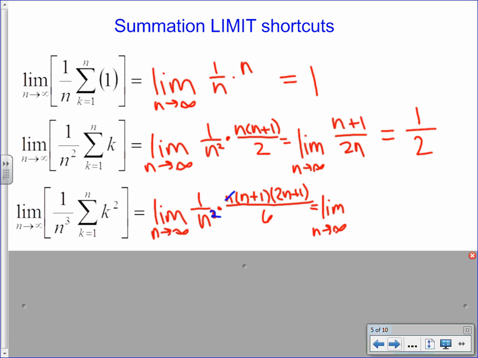Then we have 6n squared in the denominator and 2n squared plus 3n plus 1 in the numerator. We have a rational function where the degrees are the same, so towards infinity we can just look at the coefficients, 2 over 6, or 1/3. Or you can do L'Hopital's rule twice and get 1/3.